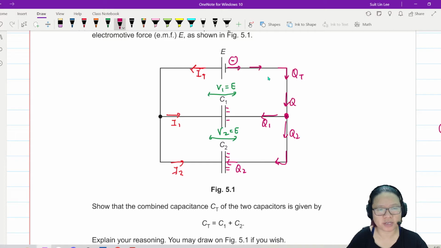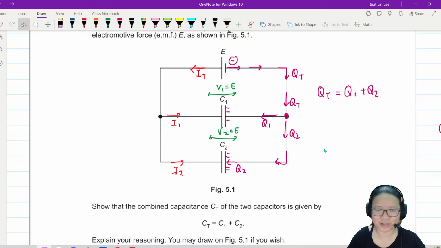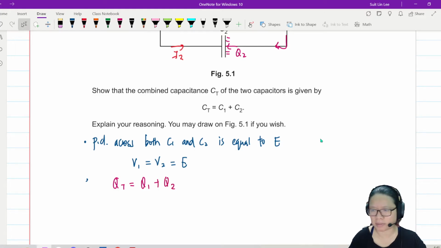So just by looking at this diagram, I can see that the total charge entering the junction is the same as the charge going out of the junction into C1, and also directly straight from the junction into C2. Kind of like Kirchhoff's law. It is actually Kirchhoff's law. Right, so I'm going to write that down now. Second thing to know is that the total charge will be equal to the charge stored in capacitor 1, and the charge stored in capacitor 2.